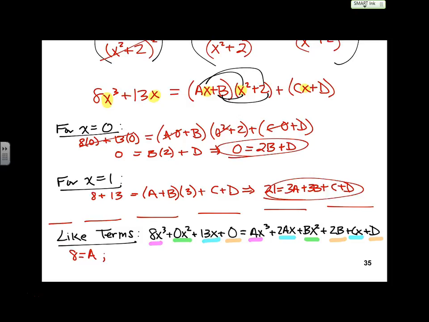Someone equals 0. I didn't hear what you said though. Right? Check out the purple ones. A has to equal 8. Check out the green ones. 0 has to equal B. Keep going.